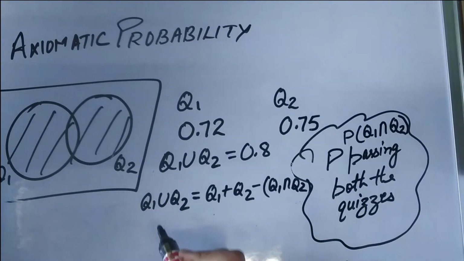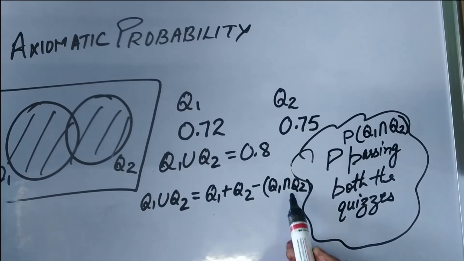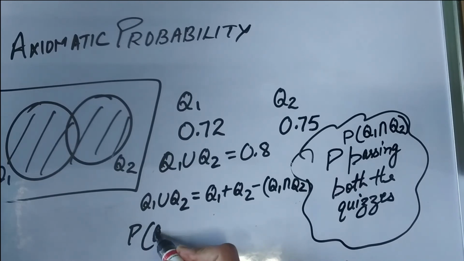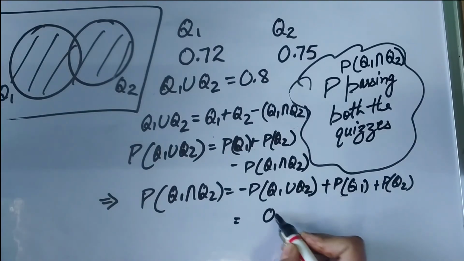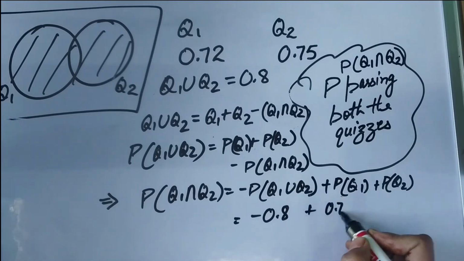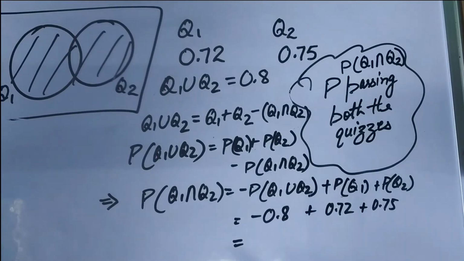So the probability of this region will be equal to the probability of this region minus this region. From the same we can generalize this, which implies the probability of Q1 intersection Q2 is equal to 0.72 plus 0.75 minus 0.8, which is equal to 0.67.